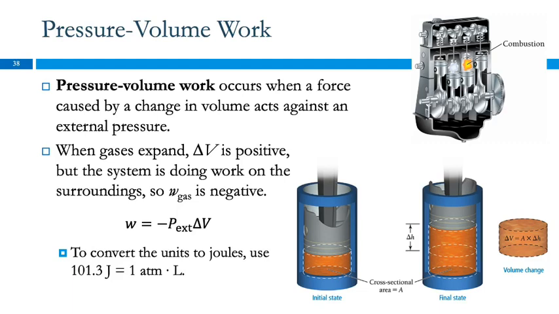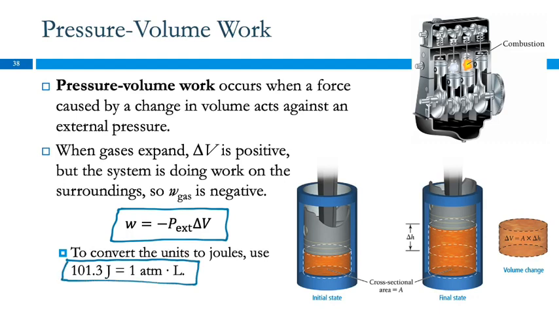So pressure volume work is defined as W is equal to negative P delta V. The P there is the external pressure that the gas is expanding against. And then we have this very useful relationship here. 101.3 joules is equal to 1 atmosphere times liter.